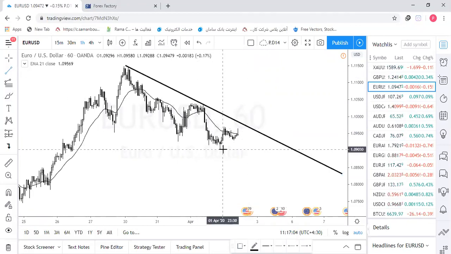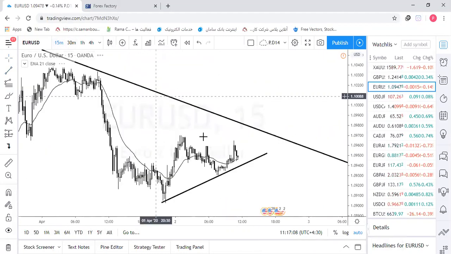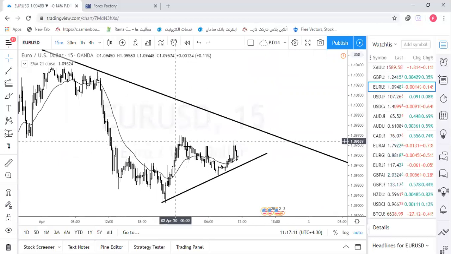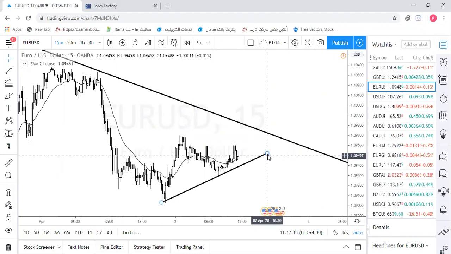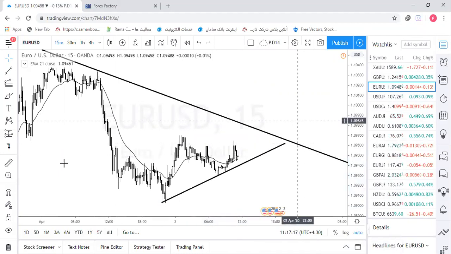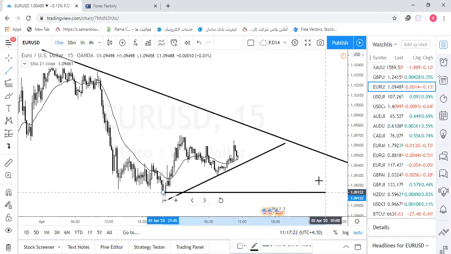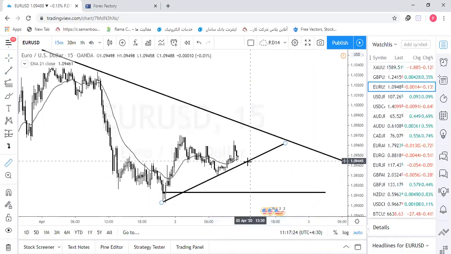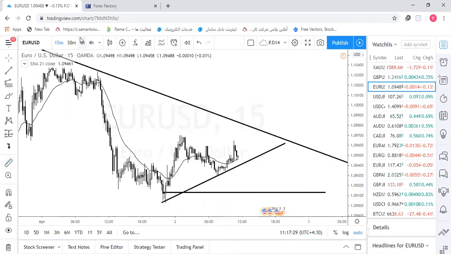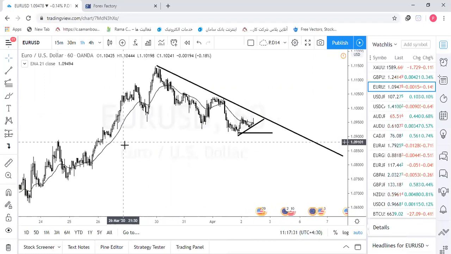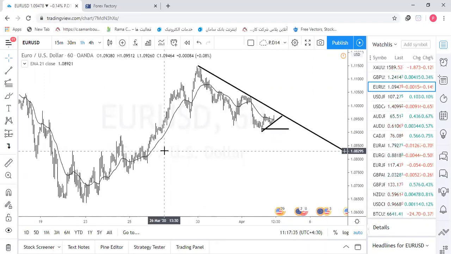So I can consider price made a higher low here and price rejected the last higher high here. So no, I'm sorry, last lower high here. So if price break the correction line, it will come down at least to this area as the last low area. So we will have a 30 pips range as first, and then we will have this area as the most important area.